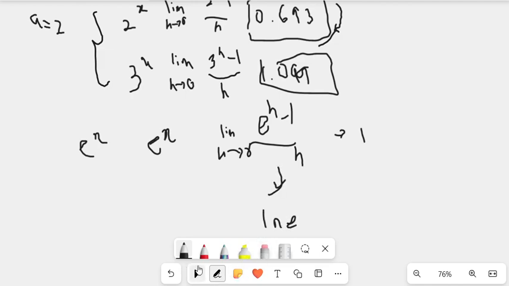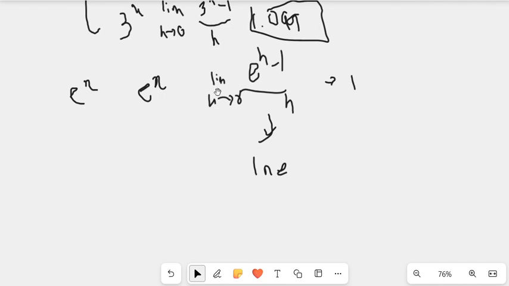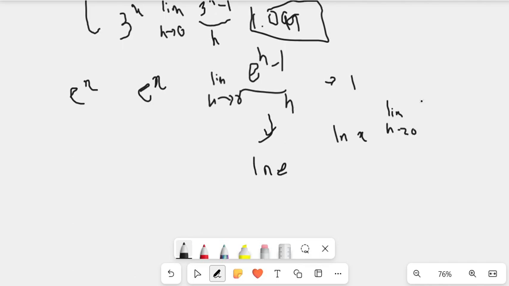If you don't believe, you can type it in your calculator. You can try ln of 2 would be this number, and ln of 3 would be this number. So this is actually one of the definitions of ln. The natural log of x is actually the limit as h approaches 0 of (x to the power of h minus 1) over h.